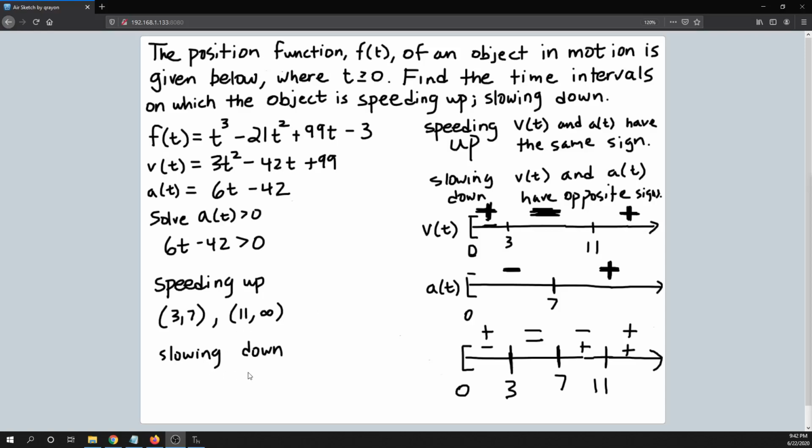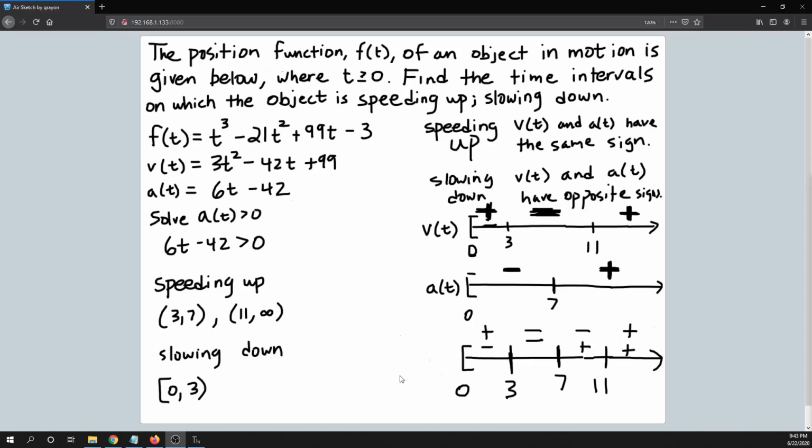All right, and next they want slowing down. So it's going to be slowing down on the intervals where the signs are different. So this one right here, from 0 to 3, and at the 0, I usually write the bracket. I write the bracket when I can, and that would be only if this was a 0 of the velocity or acceleration or undefined in there.